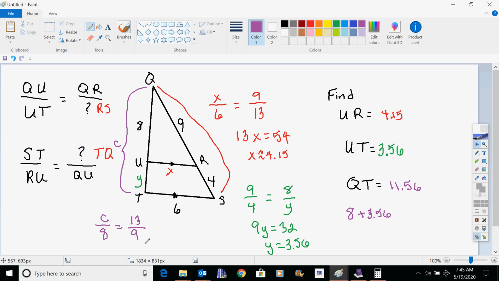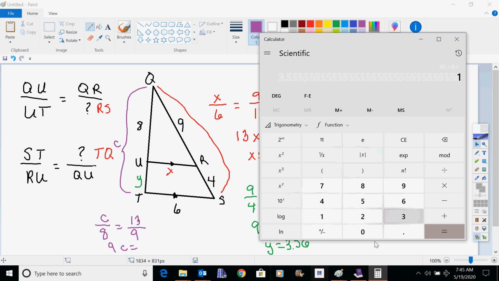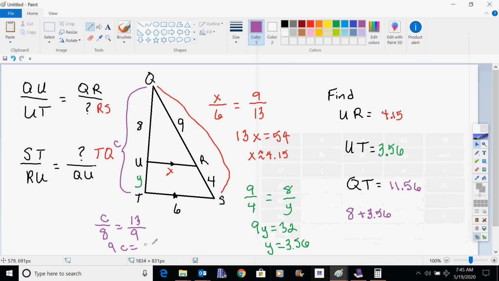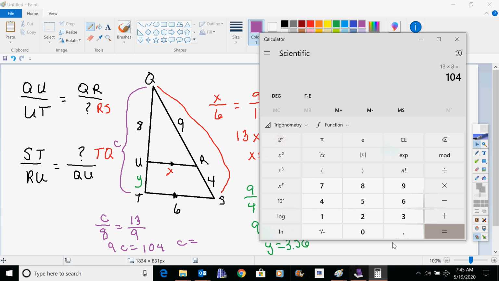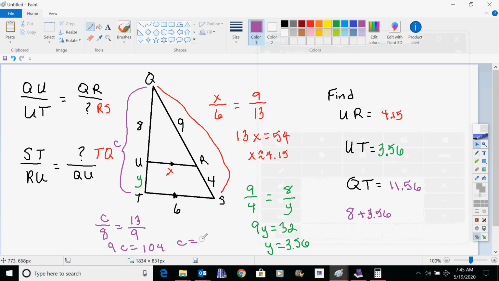So you could do it that way if you wanted to. We would have 9C equals 13 times 8, 104, and then 104 divided by 9. If I did it right, we should get the same answer. Yep, 11.56.